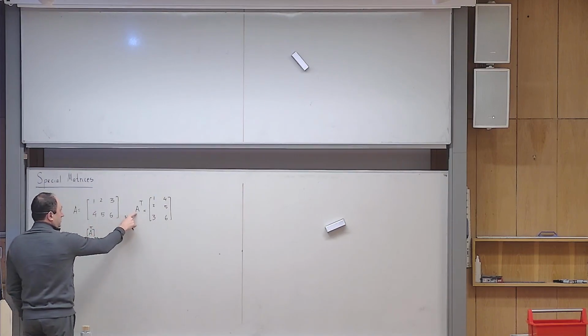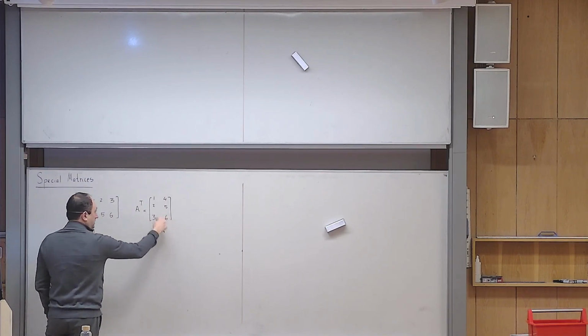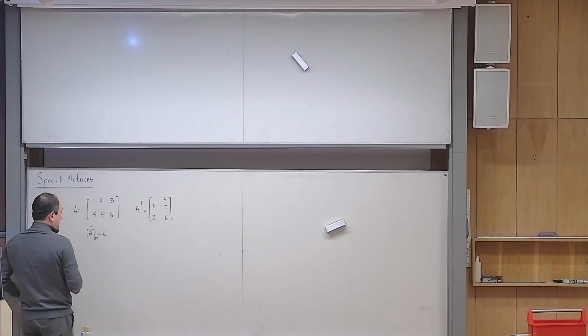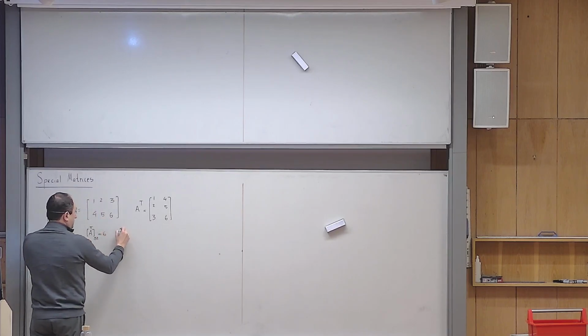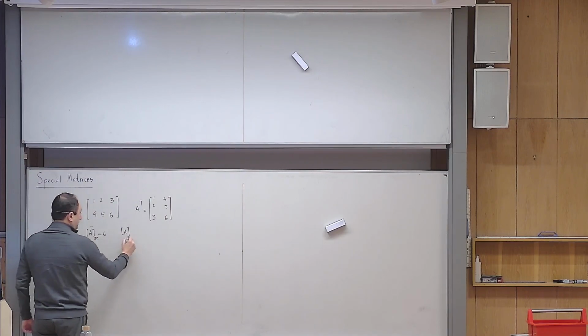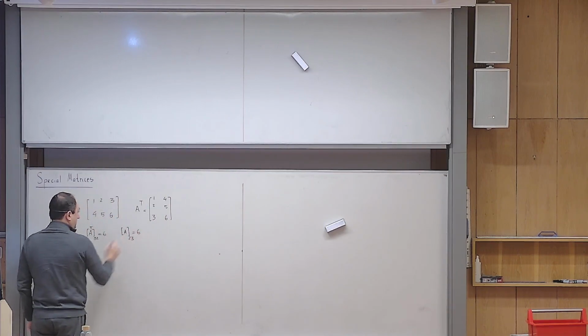You go to matrix A transpose and go to the third row and second column. This becomes 6. But then if I want to find 6 here, I have to go to matrix A and look at the entry on the second row and third column. Second row and third column is exactly 6 again.